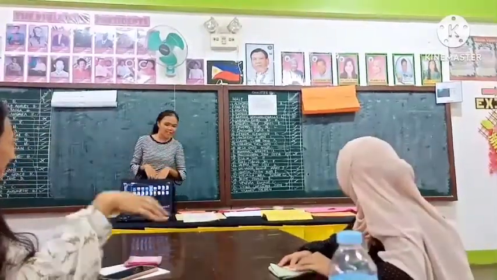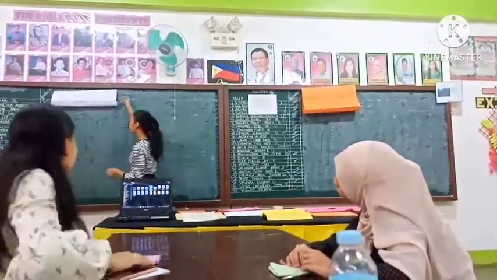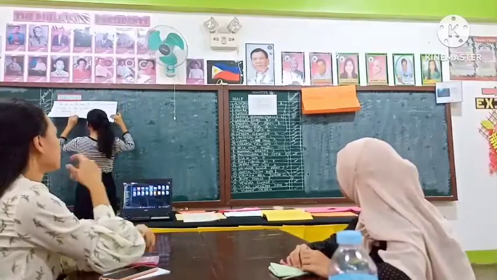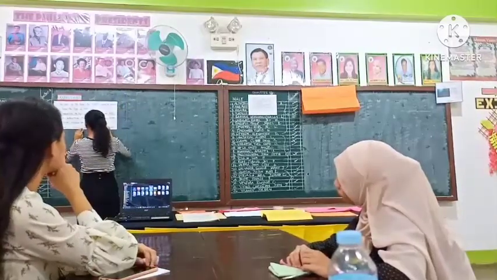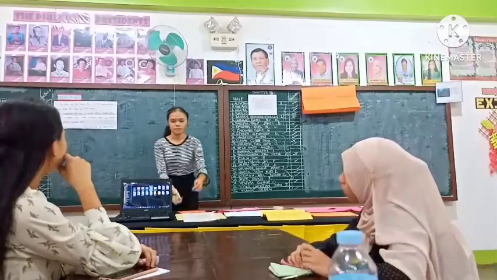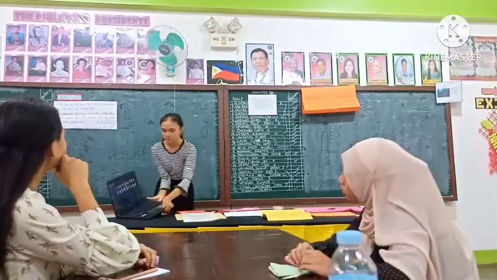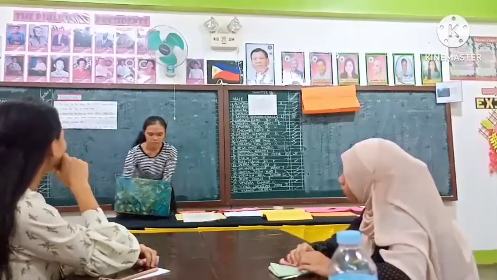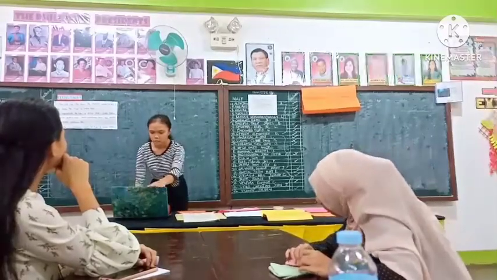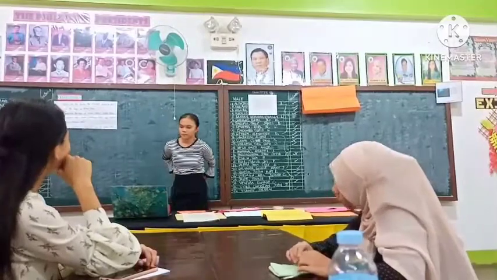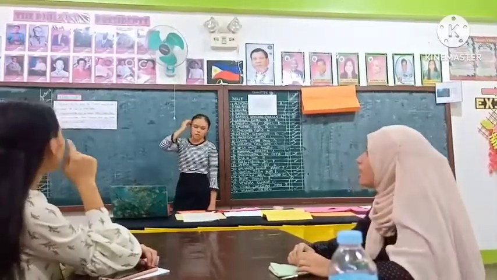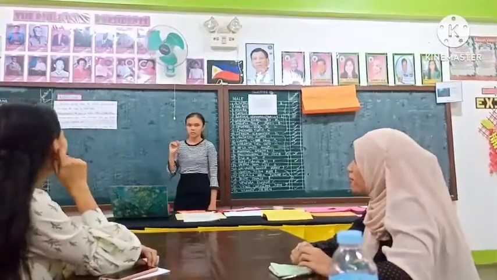But before that, let's have first the objectives. At the end of the lesson, please everybody read. The students will be able to define the types of future tense, differentiate the types of future tense: simple tense, future perfect tense, future continuous tense, and future perfect continuous tense. Create a sentence using the type of future.